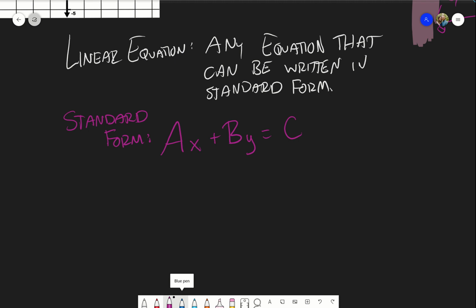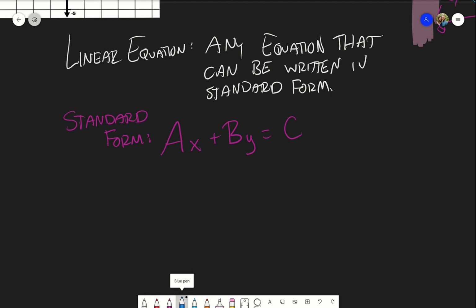Then we'll have slope-intercept form, and then point-slope form. All of those deal with linear equations. Standard form is the most basic one of them all, so we're going to spend the most time on it. All right, back to this.